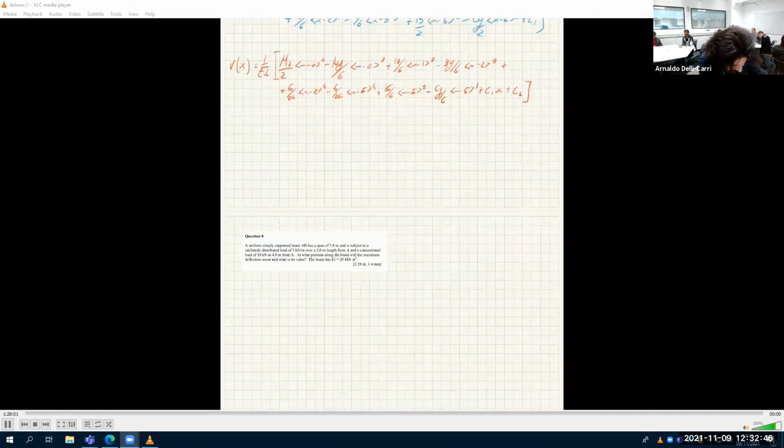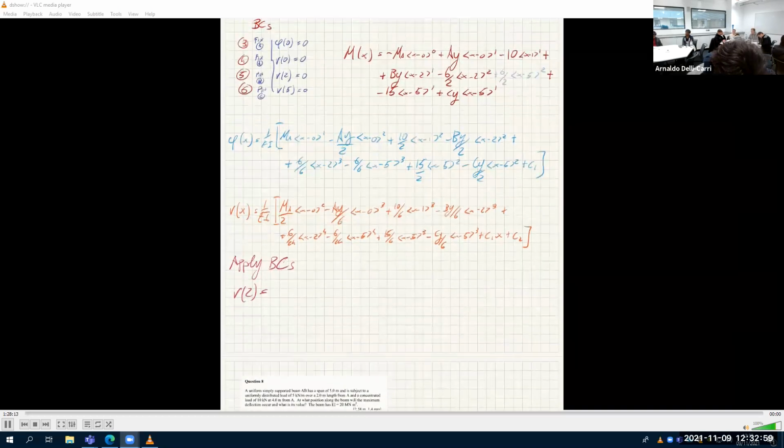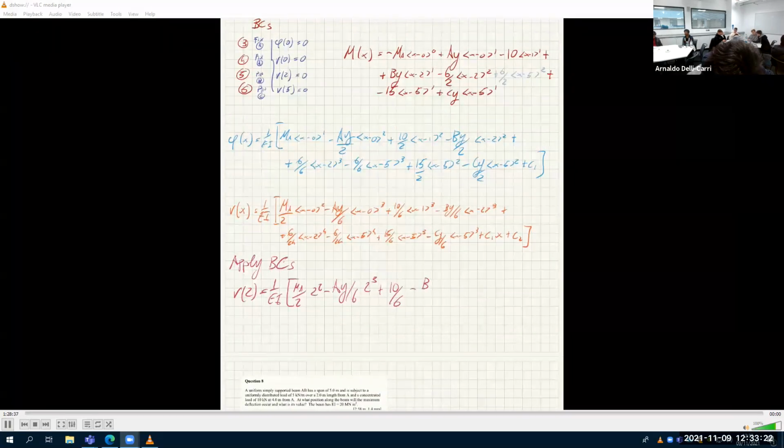So for V of 2, V of 2 is 1 over EI times MA divided by 2 times 2 squared minus AY over 6 2 cubed plus 10 divided by 6 1 cubed. So this is not required. Minus BY divided by 6. No, this is 0.